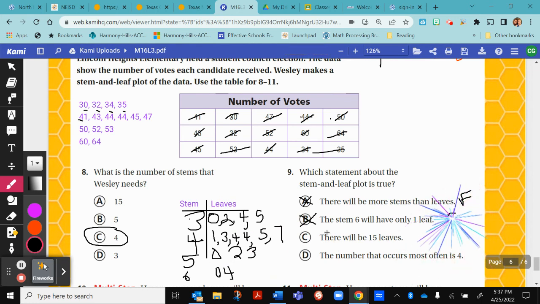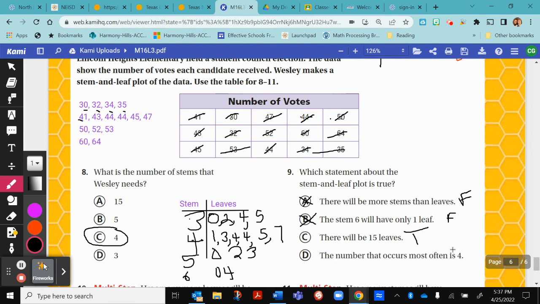And I'm coming over to letter C. There will be 15 leaves. That's a true statement. That's what I can visually see. So yes, so far. The number that occurs most often is 4. Yeah, I see 4, but that's really broad because I see 4 in the stem and lots of 4s in the leaves, but they don't have the same value.